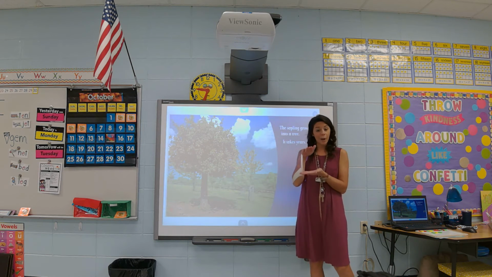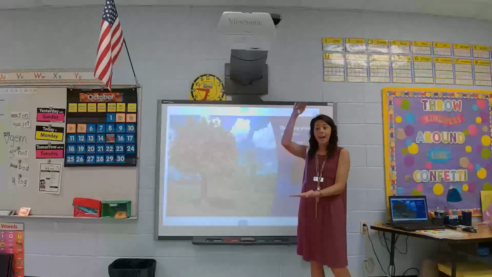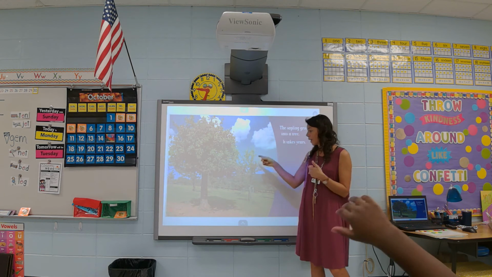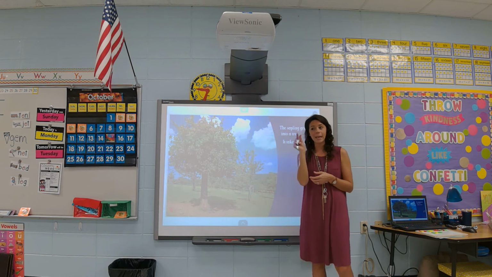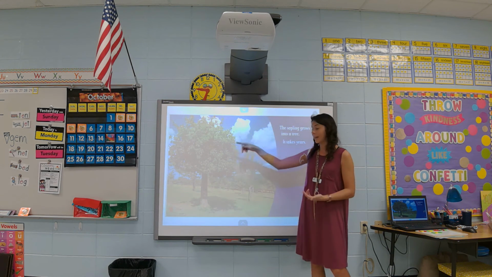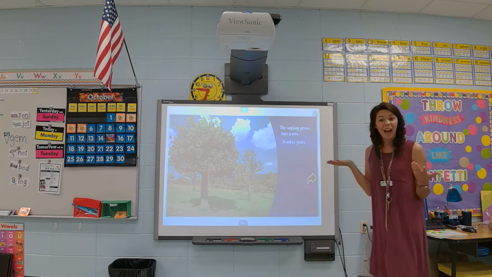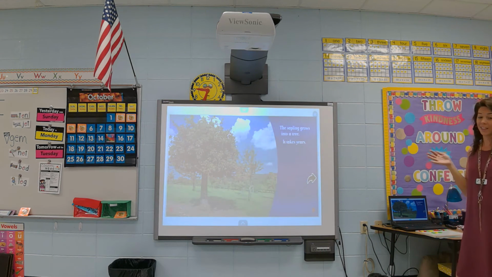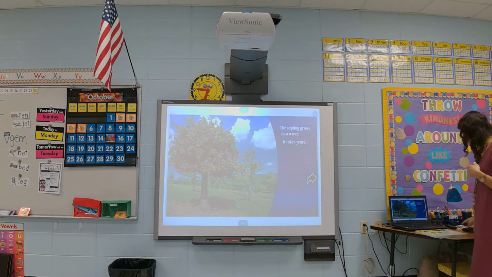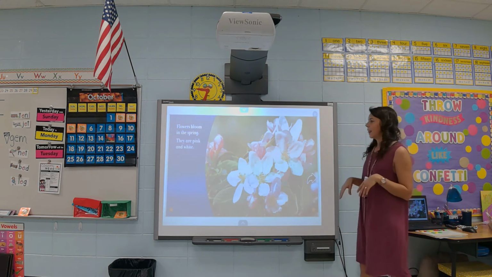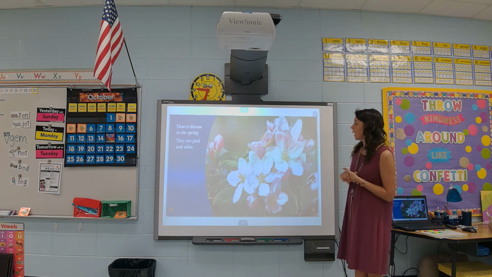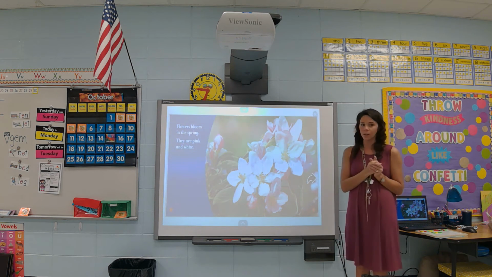Remember how you guys started out like little babies, and now look how big you are. Just like our apple tree, it started from a little seed, and it grew into a big tree. It took you guys 6 or 7 years to get this tall, right? All right, then in the spring, it says flowers will bloom on the tree.